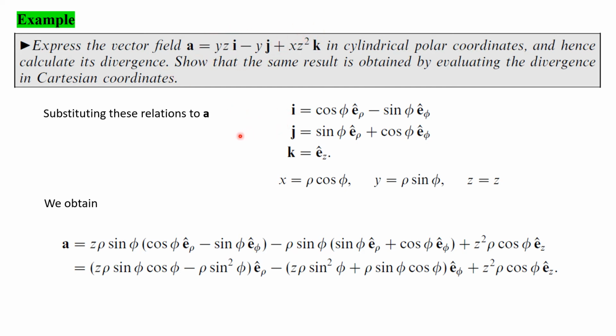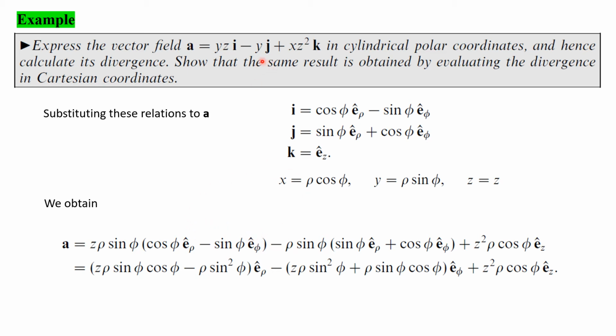So we're going to substitute these relations here. First you have y, so you have ρ sin φ, and then you still have z. And this one here is for i: cos φ e_ρ hat minus sin φ e_φ hat. So this is your i.